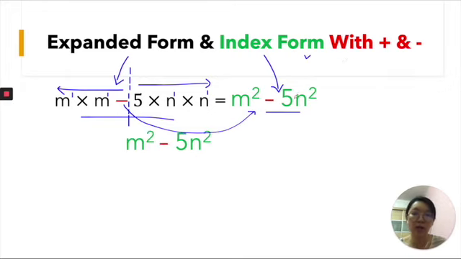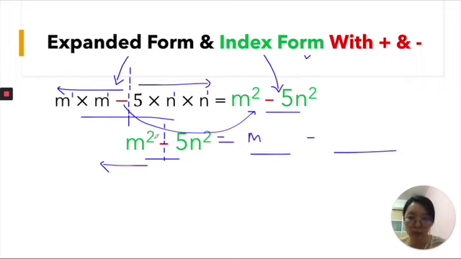Now, we're going to learn from index form. Can we expand it to a longer one? So first, we put again the dotted line, put the minus down first, and then on the left and on the right. On the left, I have m squared, so m repeating for 2 times. In between, I have multiply, add on.